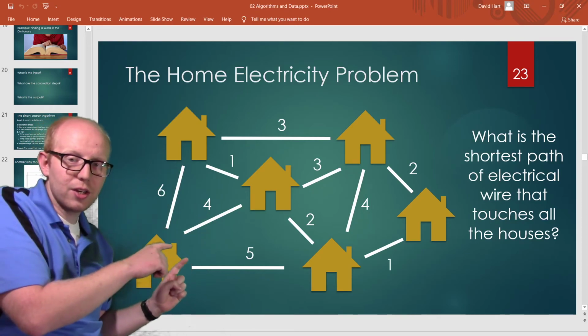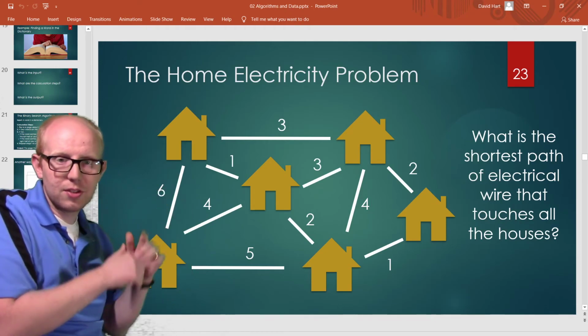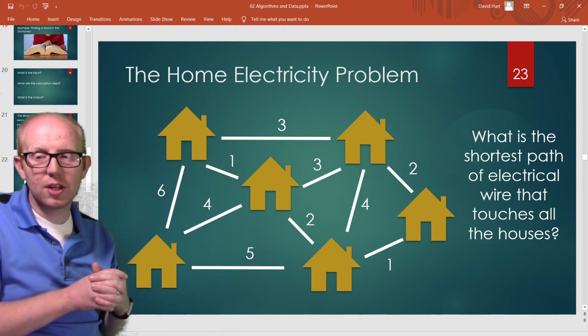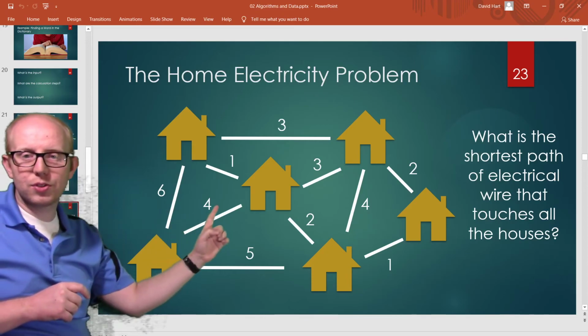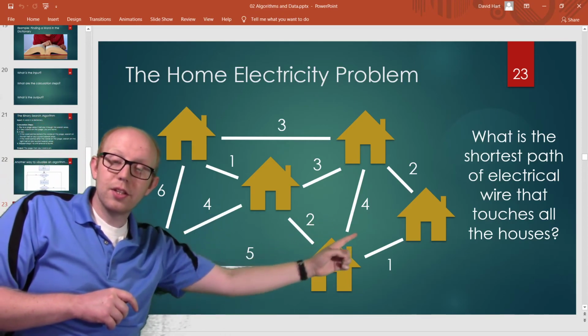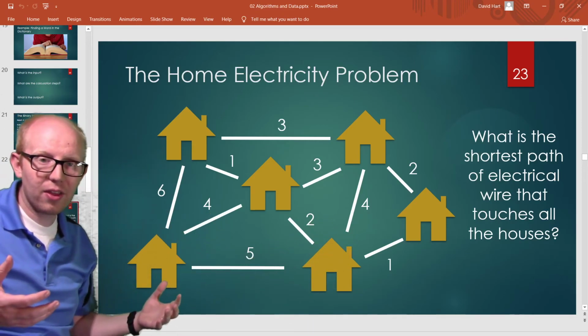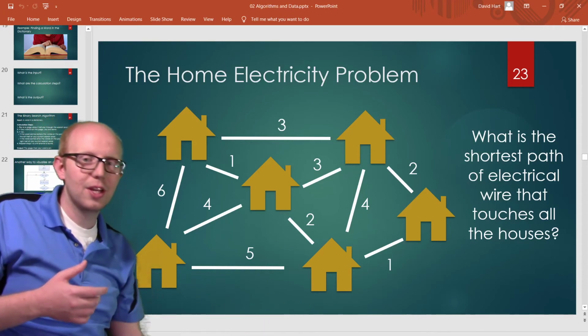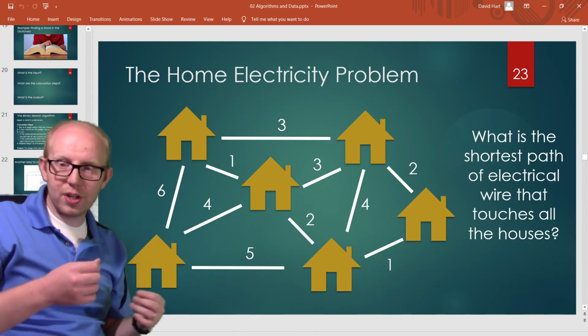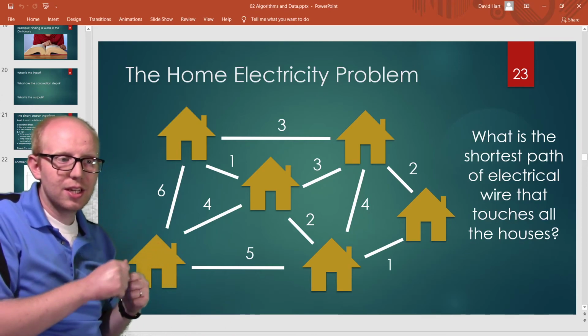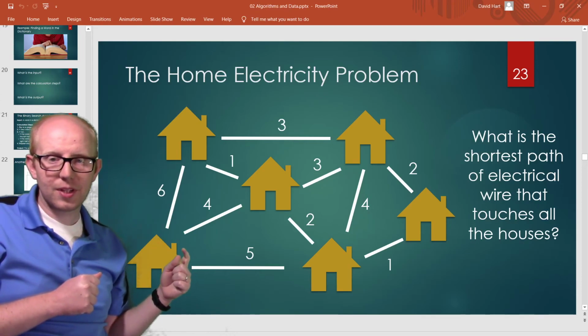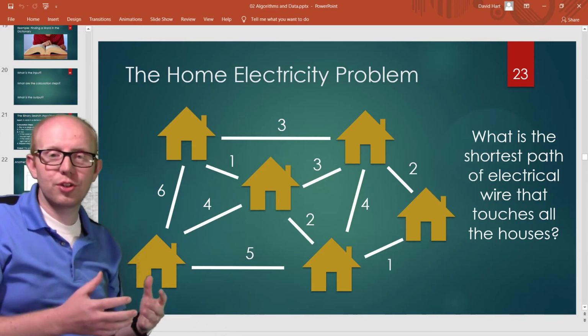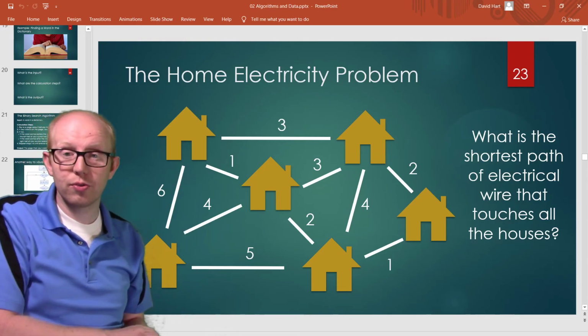You just need at least one wire connecting all these houses. If these numbers represent the shortest possible distance between this house and that house, what is the shortest set of electrical wires that connects everything? That's the question you want to think about and do for your homework.